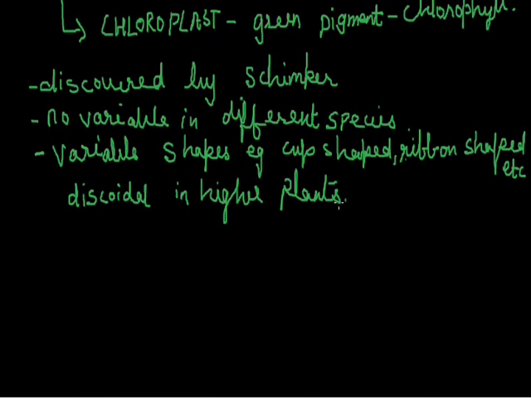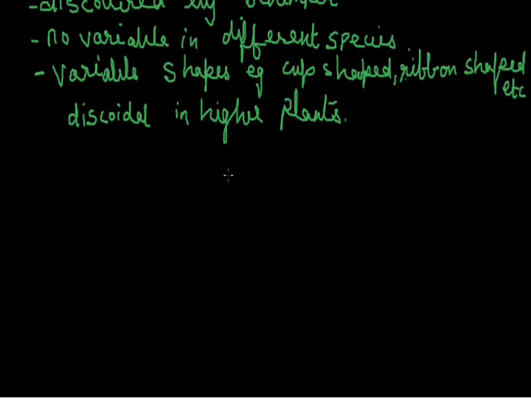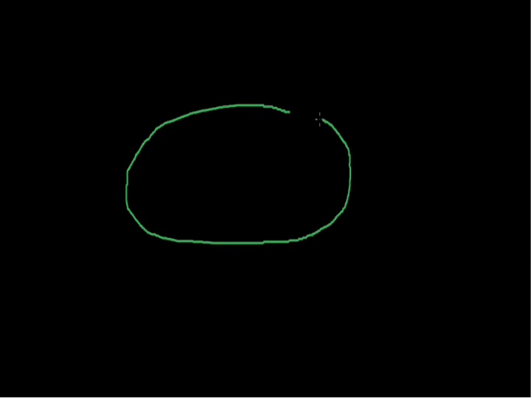Now if we want to see what is the shape of the chloroplast or how we can represent it diagrammatically, we can show it like that. The chloroplast contains two membranes. It is a double membranous structure.